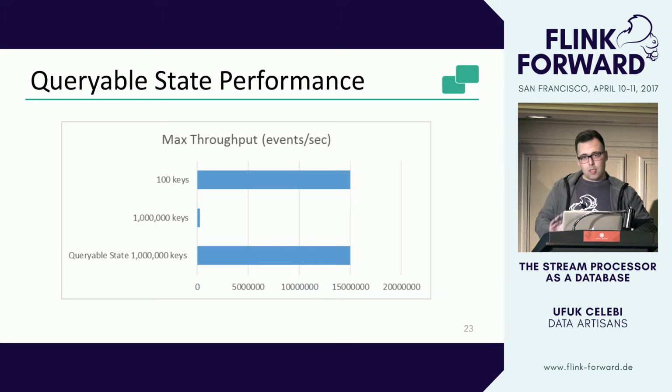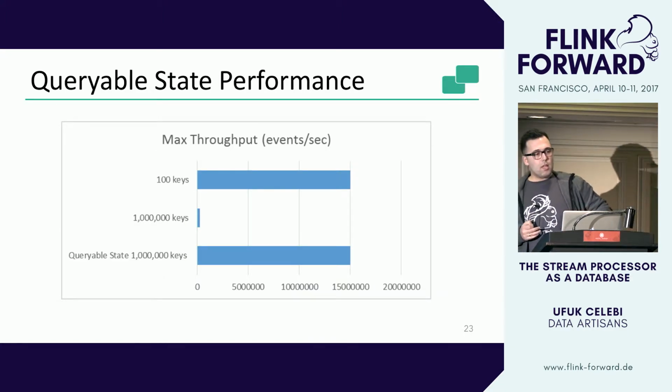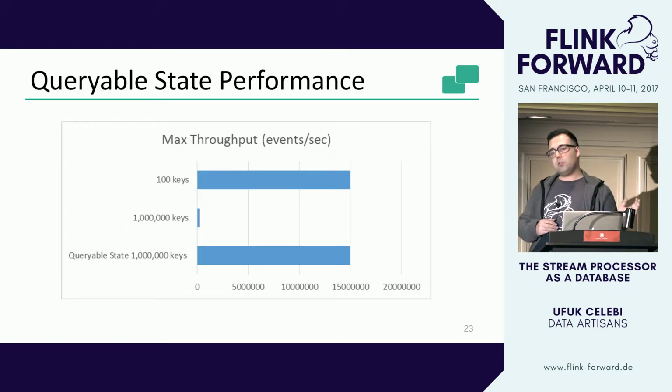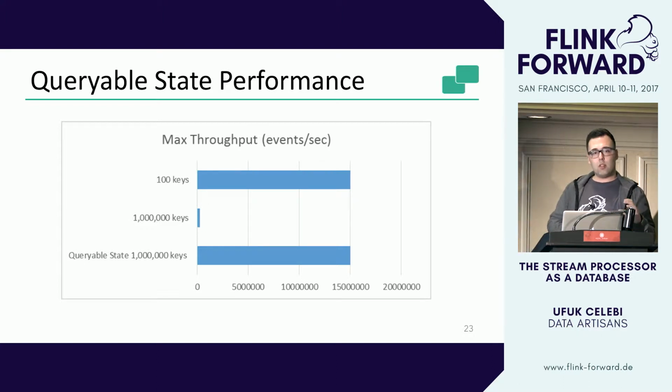We made some experiments with exactly this setup. We had a synthetic benchmark: we had some events ingested, did some windowing, and wrote the results to Redis. And it turned out that with a growing key space, the throughput we could get in the stream processor was very limited because of the communication with the key value store.